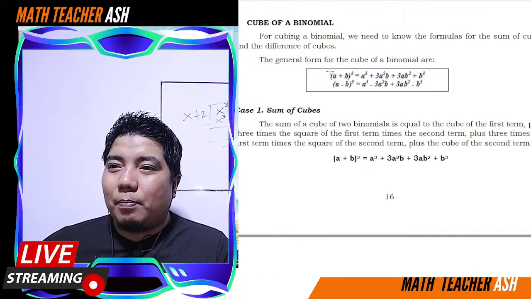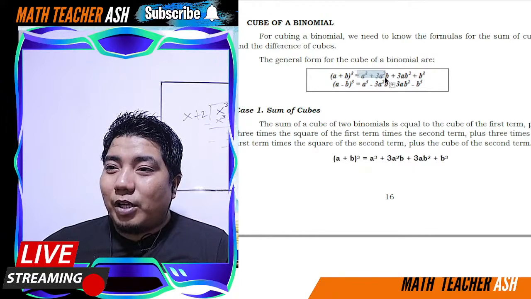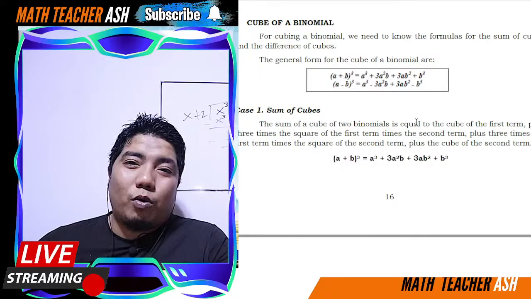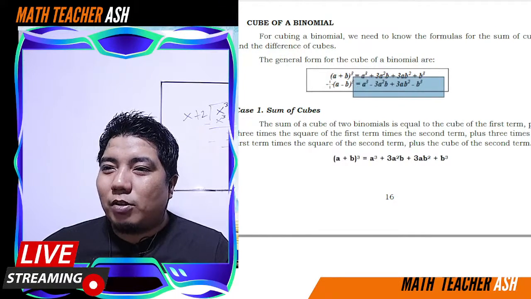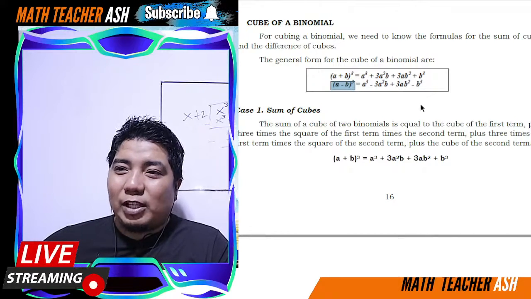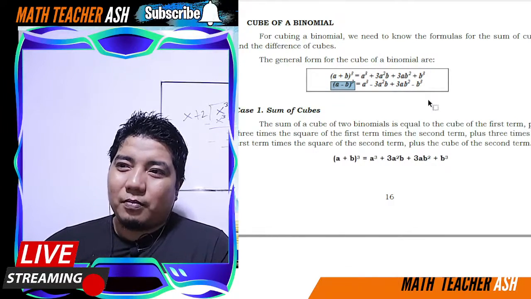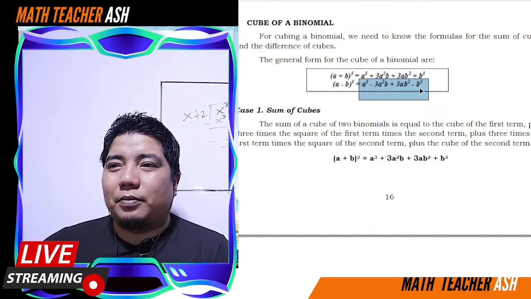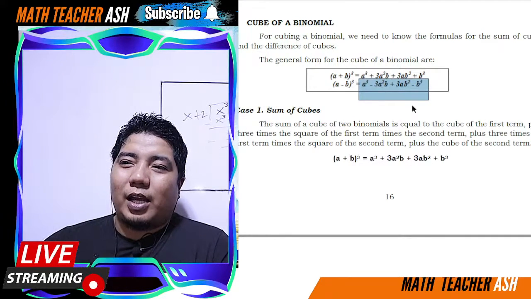So if a plus b cube, yung final answer mo is 4 terms. First, second, third, fourth. So puro mga plus, walang minus. Pero pag difference of 2 cubes, may minus sa gitna at saka sa last part. Okay? So, yung last part at saka yung second, minus yan.